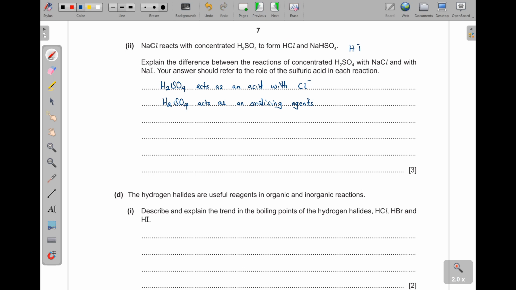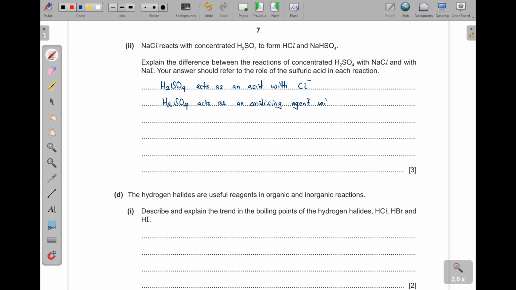For the hydrogen iodide, this one is broken further. And even these bond energies, as you go down the group, they become weaker. So it is easier to break this one down to iodine. So here sulfuric acid acts as an oxidizing agent.